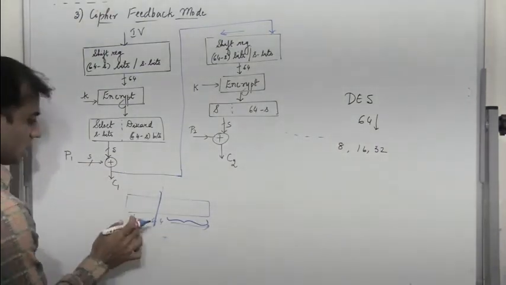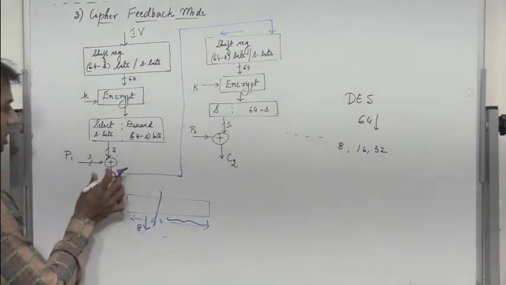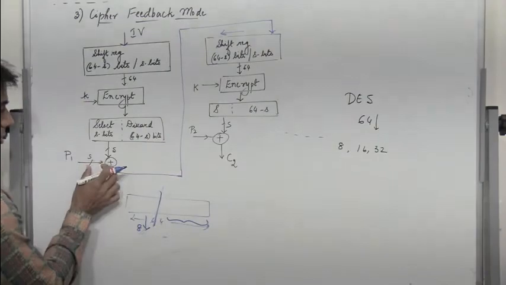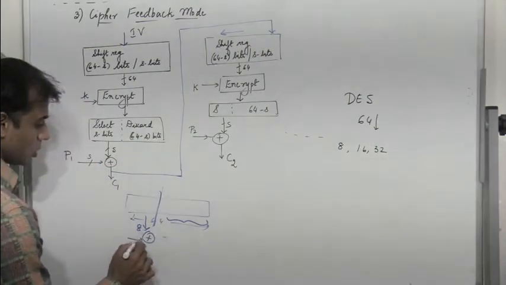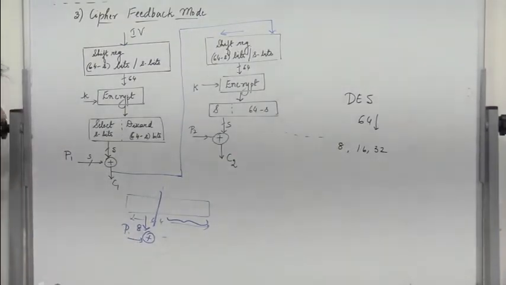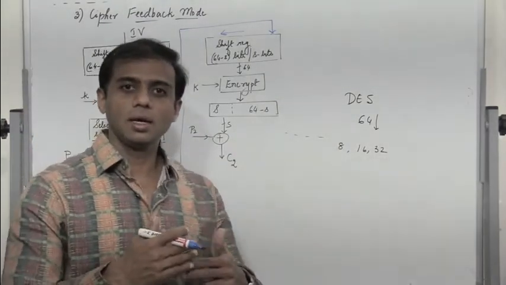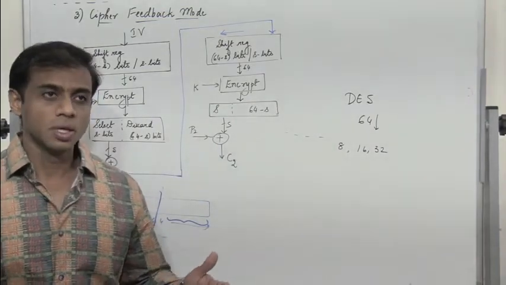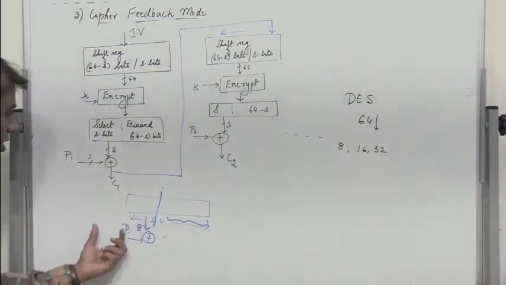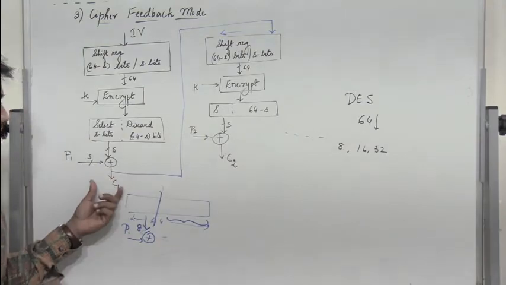Okay, so these S bits, here 8, are now XORed with the 8 bits of the plain text. If I choose S to be 8, the entire plain text is divided into groups of 8 bits. So here the first block of 8 bits is XORed and we get the ciphertext.